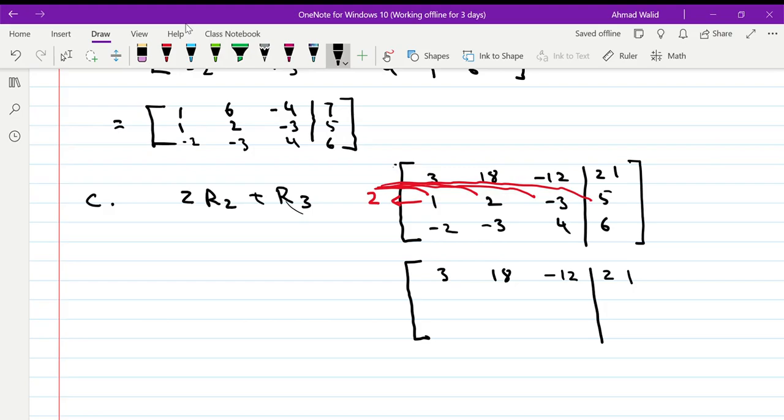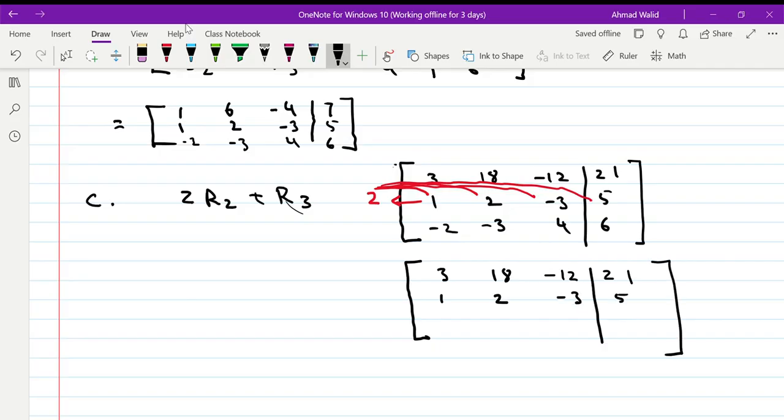Definitely no, because I'm multiplying by 2 and row 2, but the result is added to row 3. The actual change comes in row 3. It means we are not changing row 2. Then copy your row 2 also. This way of working avoids mistakes in the future, correct?